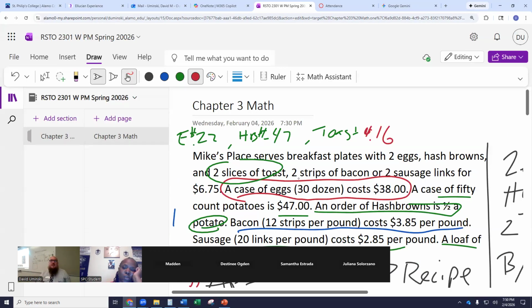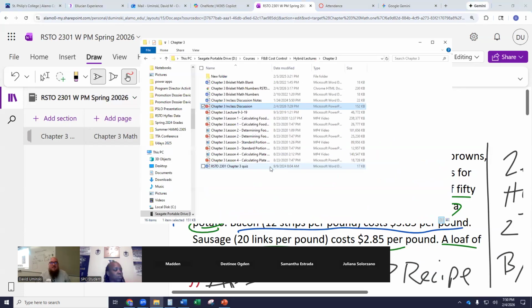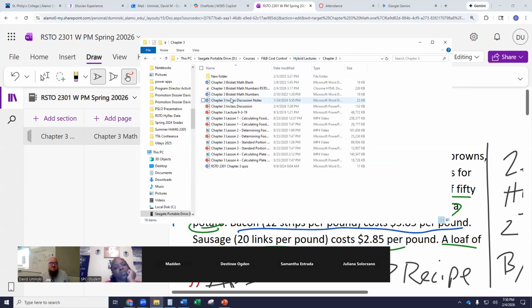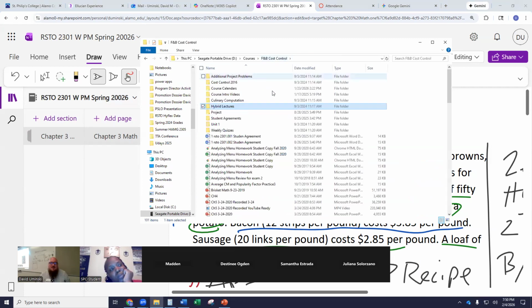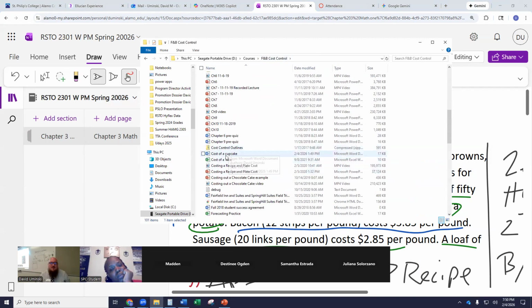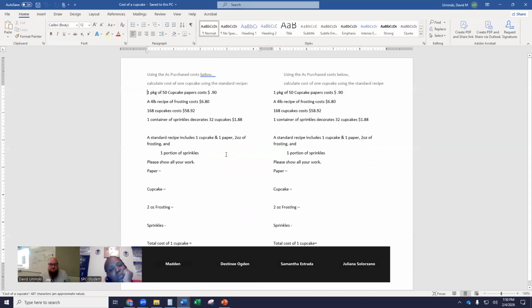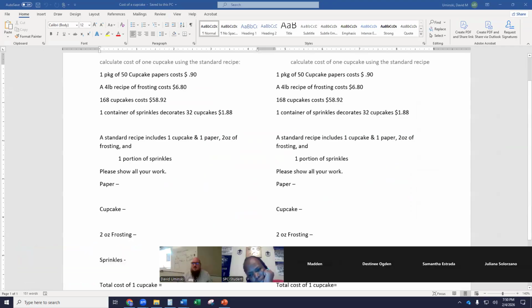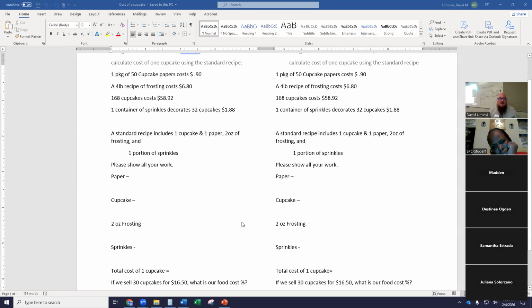Y'all are going to have an opportunity to cost out some recipes. So those of you who are online, I'm going to go ahead and zoom in so you can see this. There we go. So y'all can start working.